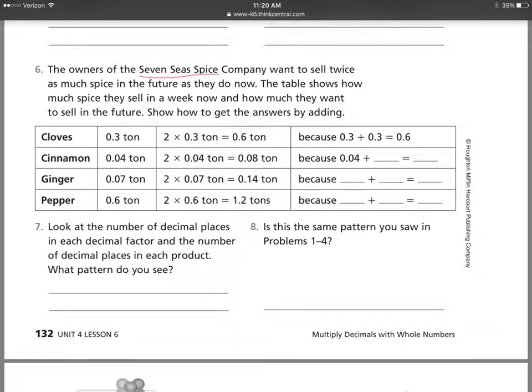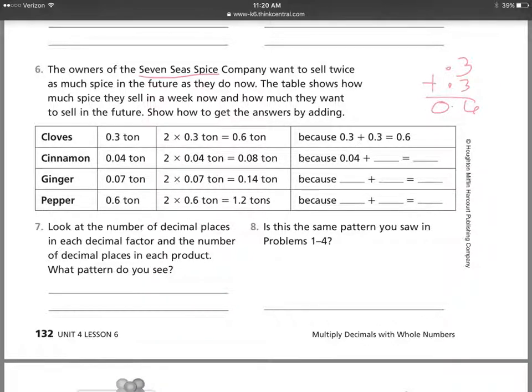Could simply multiply these by 2, but for cloves, they had 3 tons, or 3/10 of a ton, and they want to sell double that, so there'd be twice as much as 3/10, which, if you're using addition, would simply be 3/10 plus 3/10, which is 6/10.